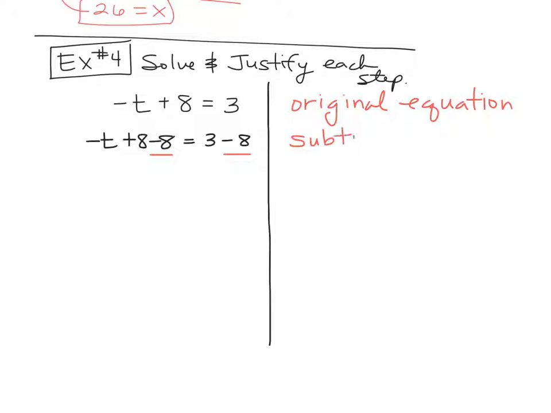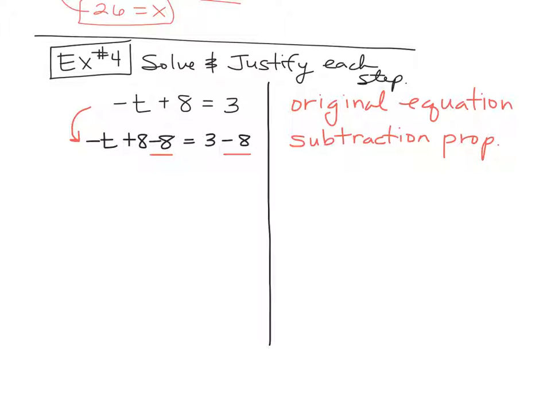It's the subtraction property of equality. I don't need you to write of equality. You can just write subtraction property. But you have to write that. So it's saying how did I get from here to here? From the first step to the second step, I did the subtraction property. I subtracted 8 on both sides.